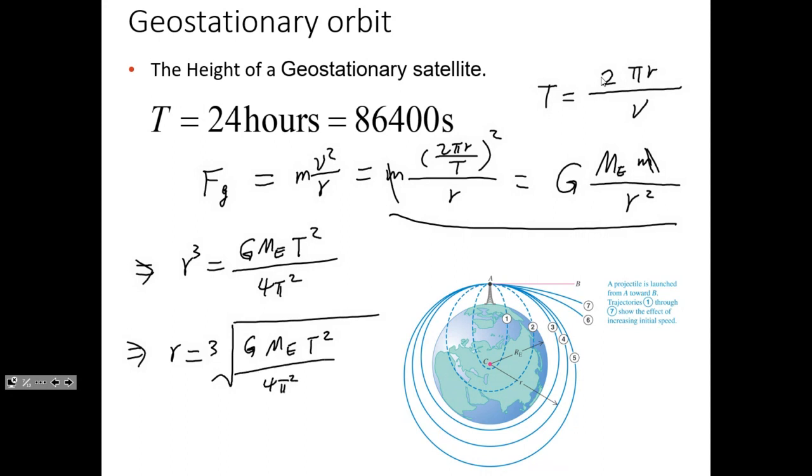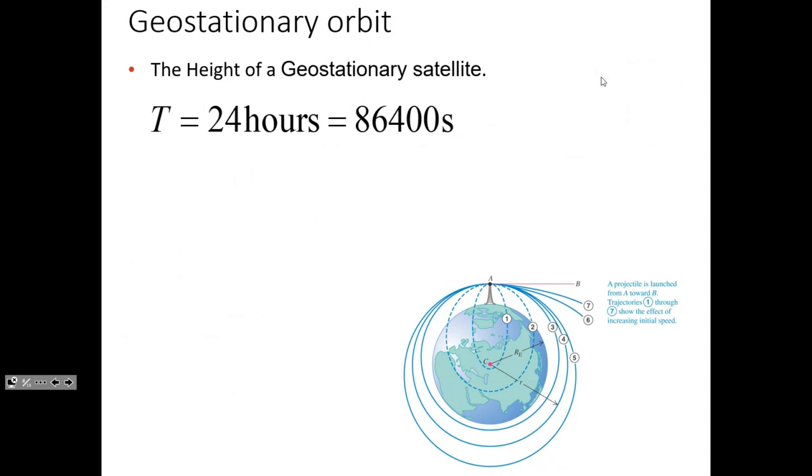Okay, the rest is simple. We just need to plug in all the numbers: what is G, what is M_e, what is T. And after the calculation, we find out r is 4.22 times 10 to the 7 meters. And now recall the radius of the Earth is roughly 6.4 times 10 to the 6 meters.